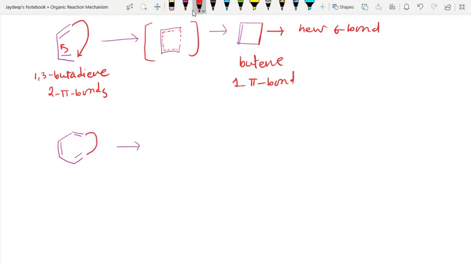This bond will migrate here, this bond will migrate here, this bond will migrate here. We are going to number the ring, that is 1, 2, 3, 4, 5, and 6 carbons are there. See the position of double bonds.